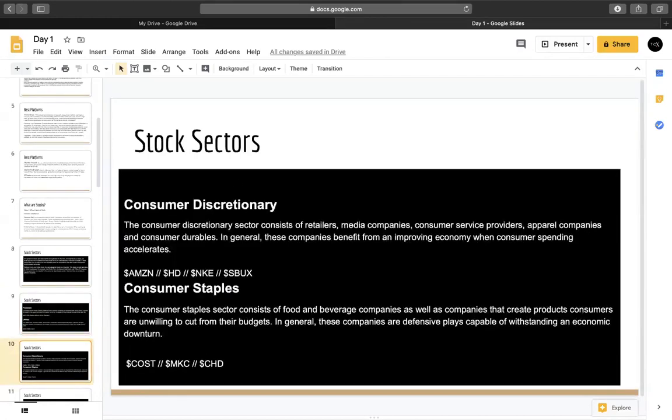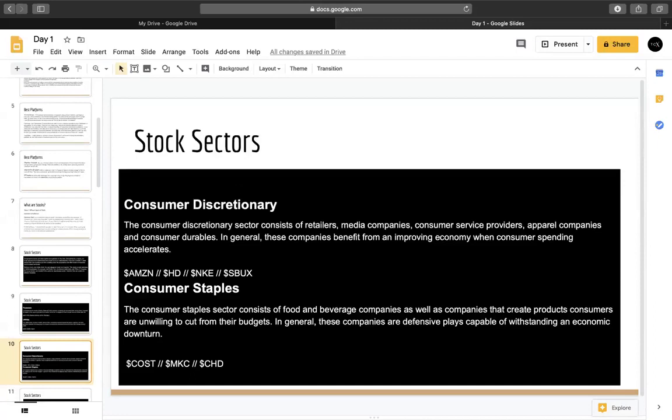Consumer discretionary. Consumer discretionary is literally what we trade every single day. I'm pretty sure everyone can agree with me on that. The consumer discretionary sector consists of retailers, media companies, consumer service providers, apparel companies, and consumer durables.